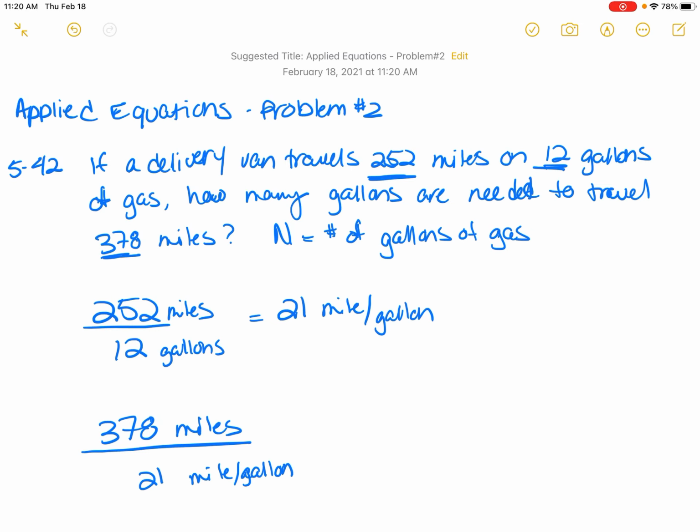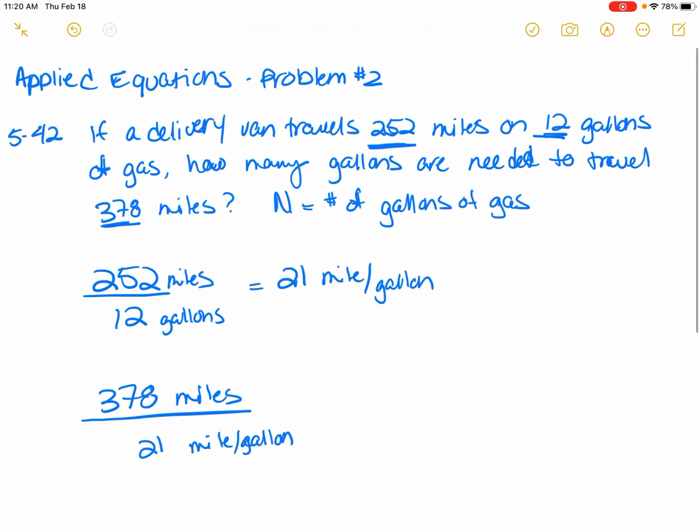And what I know is that these are going to cancel out, right? And that is going to give me 378 divided by 21. And that's going to give me 18 gallons.